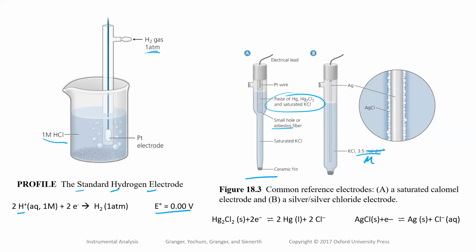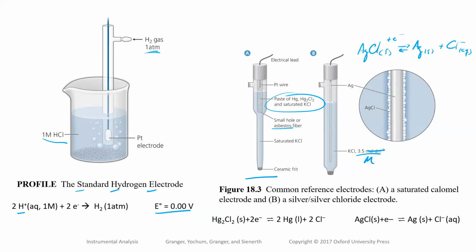So what we have is on this silver wire in the middle, we form this AgCl on the surface. And so again, we're setting up that equilibrium between that silver chloride and the silver solid, and the chloride minus. I left off my electron.